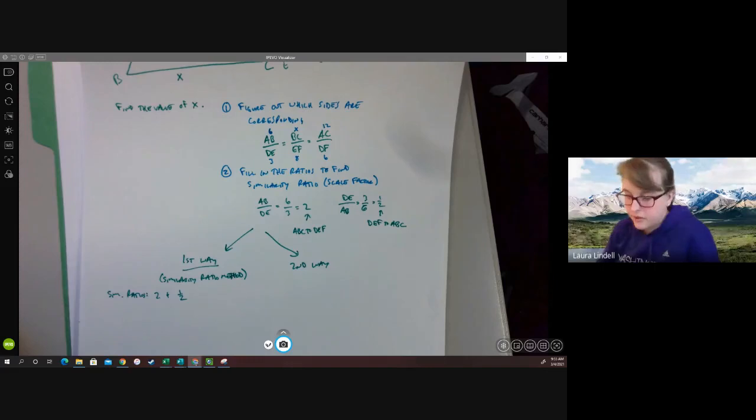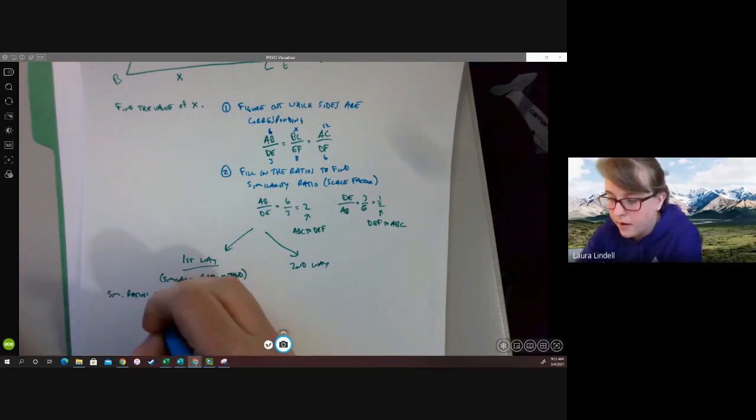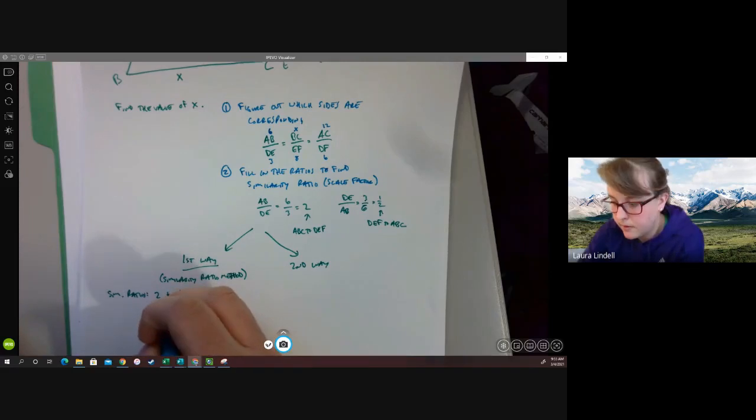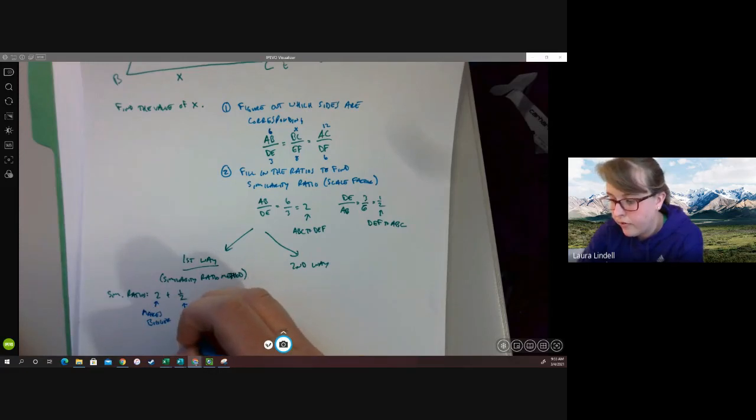So the one that's larger is what you would multiply by to make it bigger. The 1/2 makes things smaller.